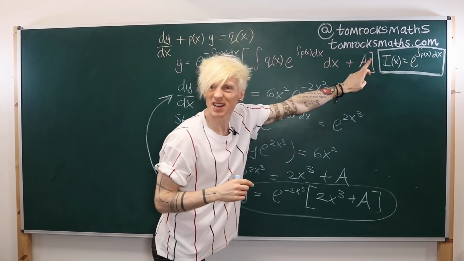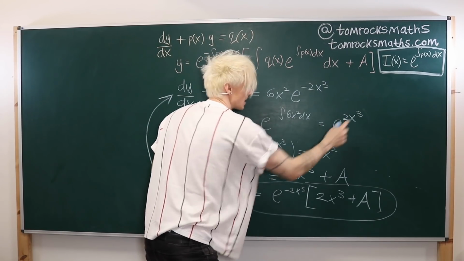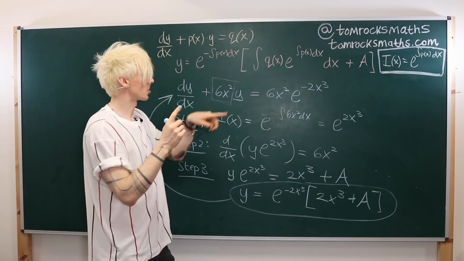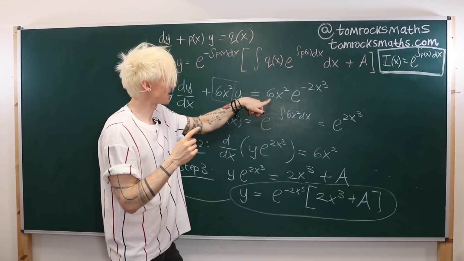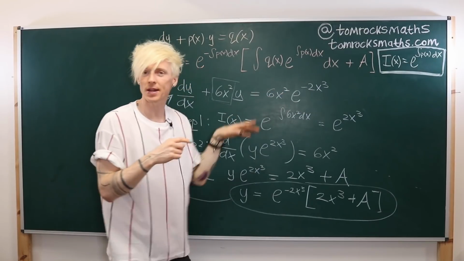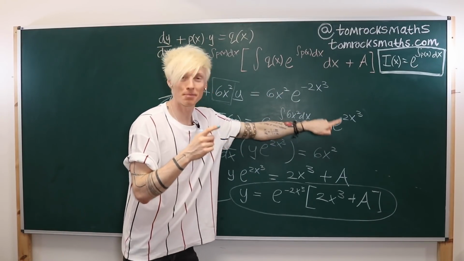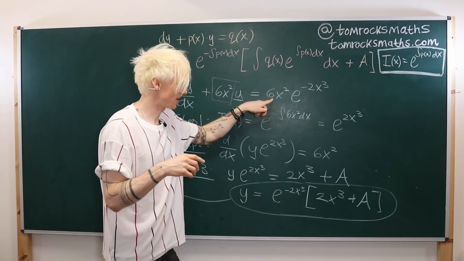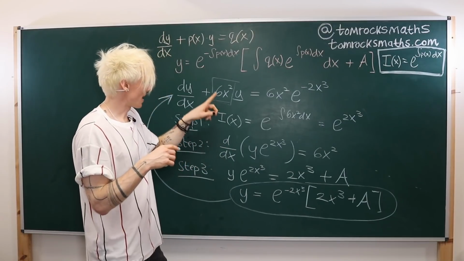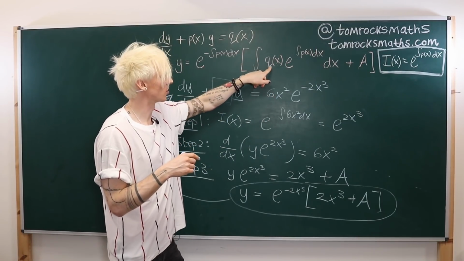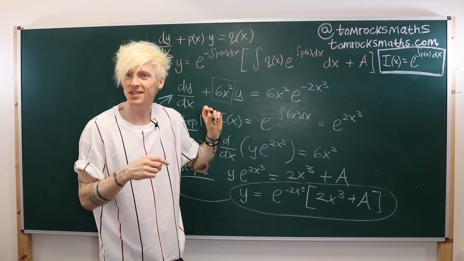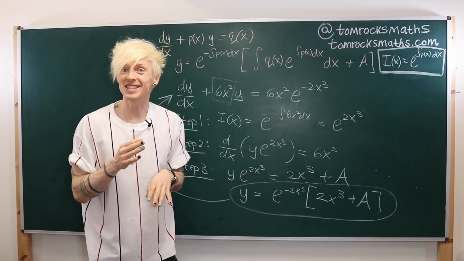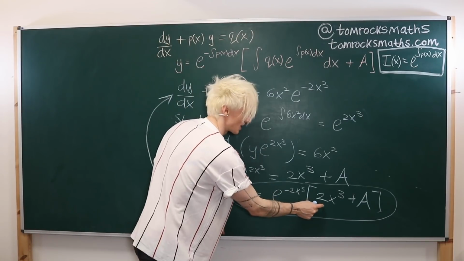Well, that's exactly my integrating factor, which I know is e to the 2x cubed in there, multiplied by the original right-hand side. So if I multiply 6x squared e to the minus 2x cubed by e to the plus 2x cubed, the exponential terms vanish. I just get 6x squared. And then I have to integrate that, because it's the integral of q of x times the integrating factor. So then I have to integrate 6x squared, which does indeed give me 2x cubed, which is exactly what's in there.